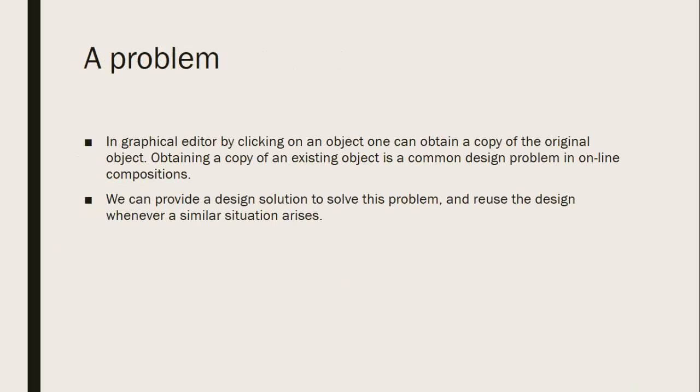In a graphical editor, we can obtain a copy of an object by simply clicking on that object. But obtaining a copy of an existing object is a common design problem in object compositions. We can provide a design solution to solve this problem and reuse the design whenever a similar problem arises.